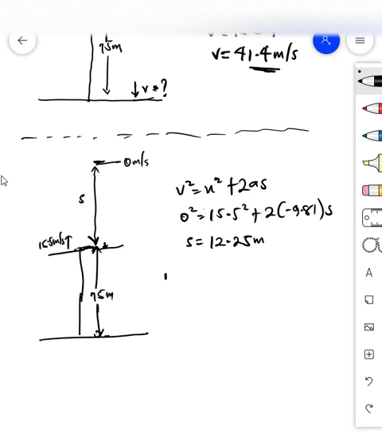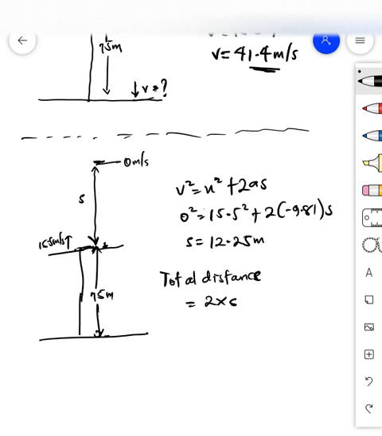To calculate the total distance, I need to remove this s from here, because we've used s for part of the distance.